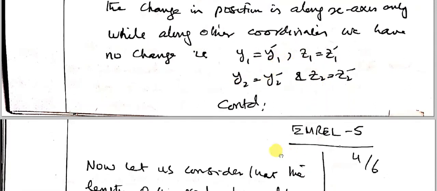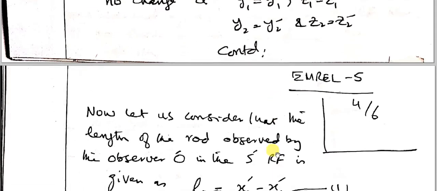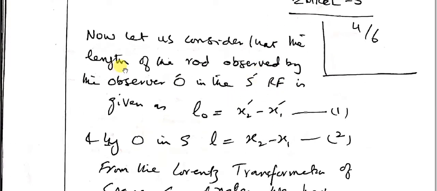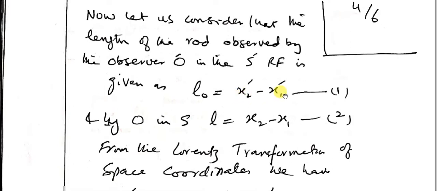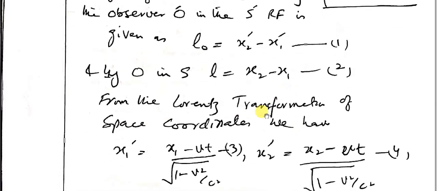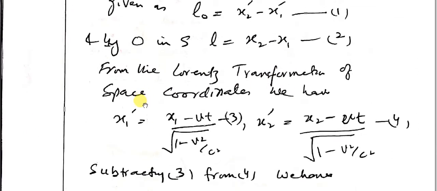Now let us consider that the length of the rod observed by the observer O in the reference frame S prime is given by L naught equal to x2 prime minus x1 prime, and let the length observed by the observer in frame S be L equal to x2 minus x1. From the Lorentz transformation of space coordinates, x1 prime is equal to (x1 minus vt) divided by the square root of 1 minus v square by c square.